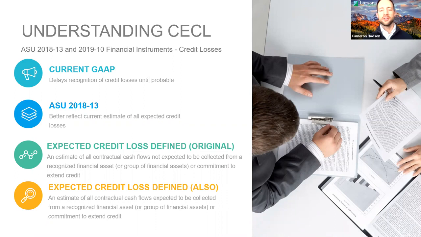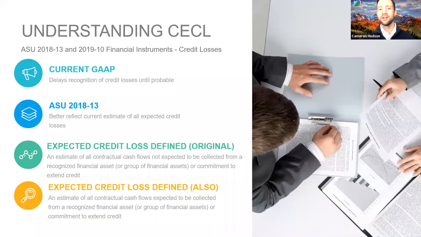And 2 definitions here of expected credit loss, and which one of these you apply tells me whether you're a glass half full or half empty kind of person. So the first one is an estimate of contractual cash flows not expected to be collected. The second is cash flows expected to be collected.